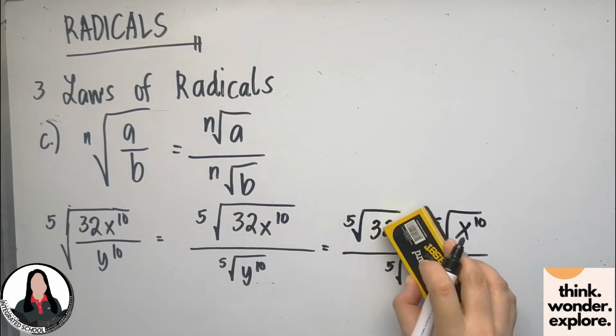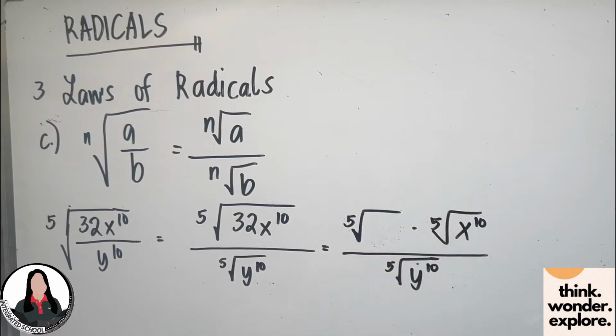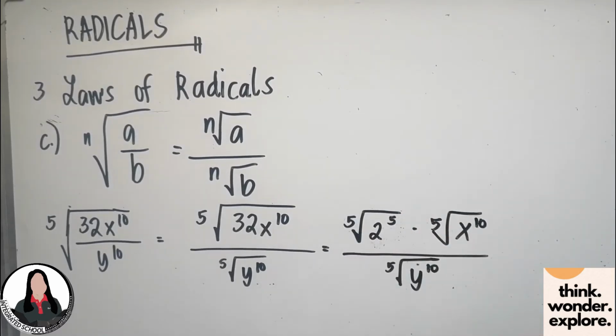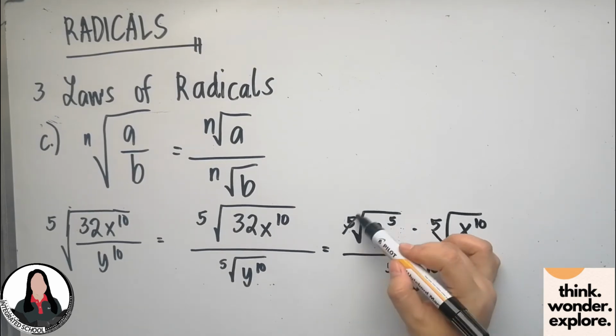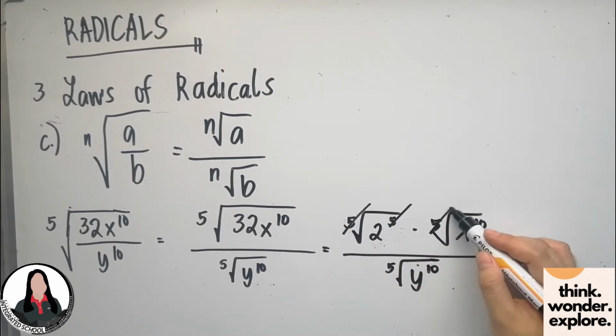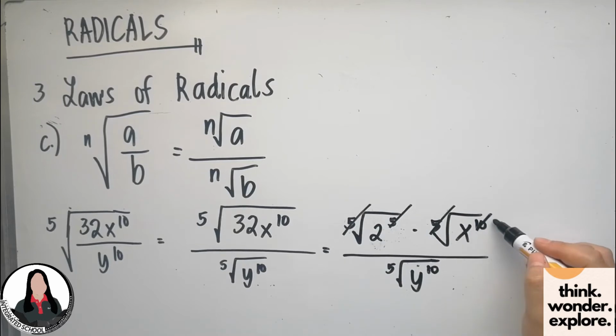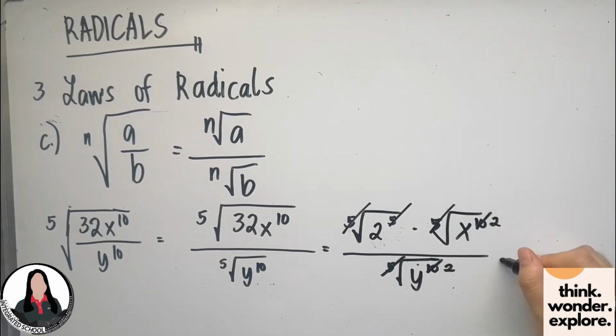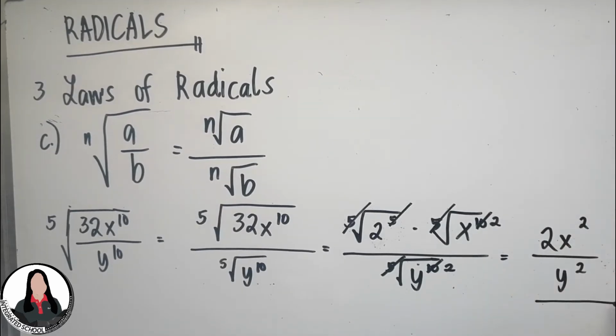So, pwede natin siyang isulat sa kanyang exponential form, such as 2 raised to 5. Okay? Para mas mabilis natin siya makancel. So, makakancel natin siya. Then, this will be cancelled also, which will give us a new exponent, which is 2. And same is true with the denominator. Simply, we can rewrite this as 2x squared all over y squared.